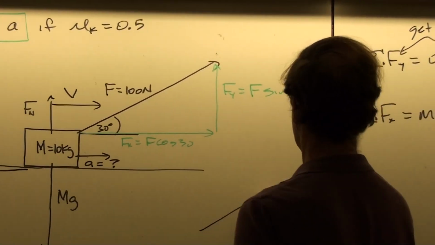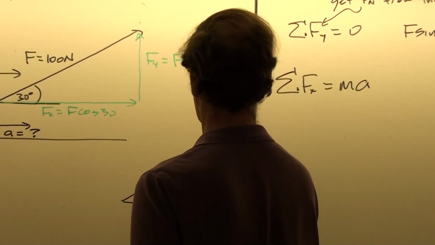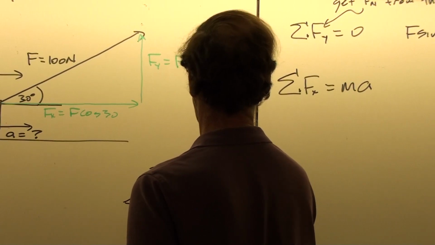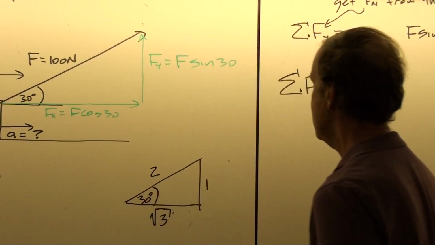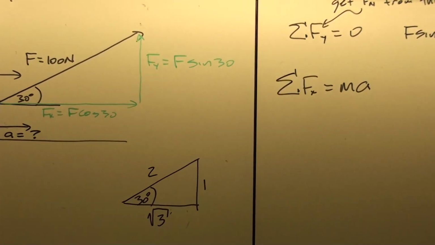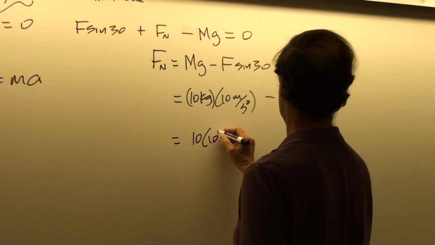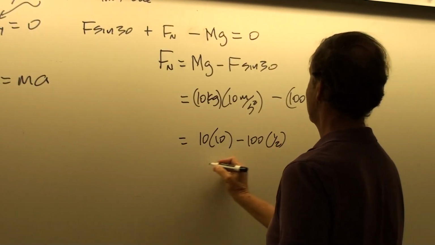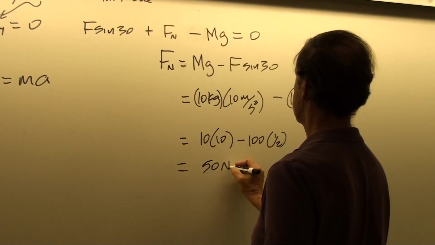With our trusty 30, 60, 90 right triangle, 1, 2, root 3, we see that the sine of 30 is 1/2. So this is 10 times 10 minus 100 times 1/2. That's 100 minus 50, or 50 newtons.